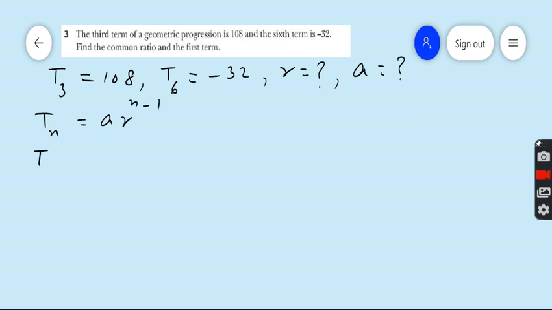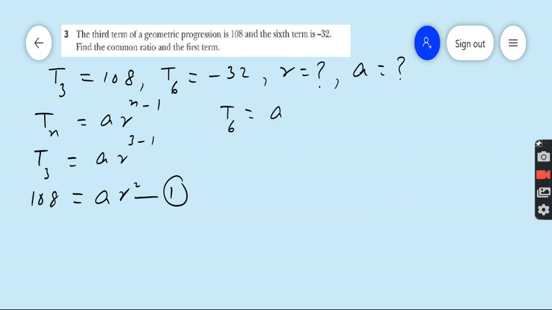First we will use T3 = a r^(3-1). The value of T3 is given, 108 = a r^2, equation number 1. Now we use T6 = a r^(6-1). The value of T6 is minus 32 = a r^5. This is equation number 2.